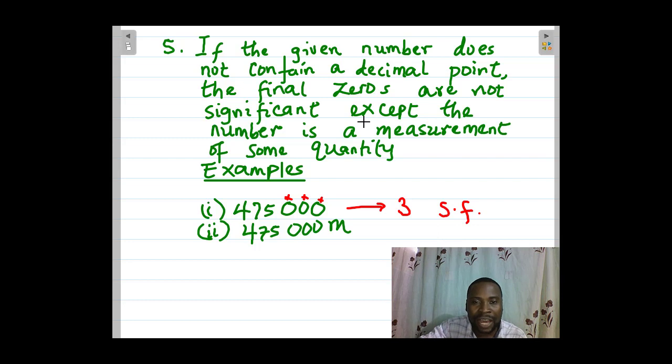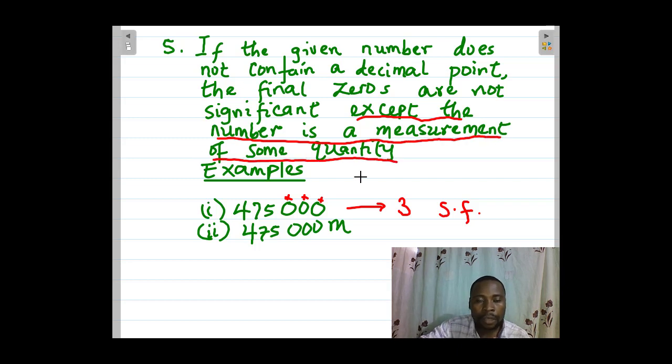But there's a condition here: except the number is a measurement of some quantity. Now, look at example number 2. It's the same quantity I had in number 1, but what is different? This is measuring something, it is measuring length. This M stands for meters.